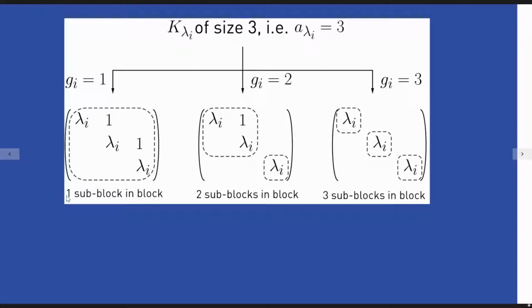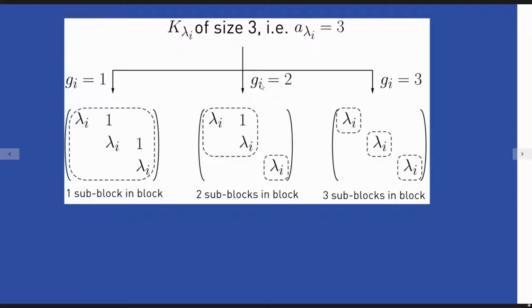In this case, there is only one subblock inside of the Jordan block k lambda I, and the Jordan block k lambda I looks like this. We have lambda I on the diagonal and 1 here, because there is only one subblock inside of the block, because gi is equal to 1.